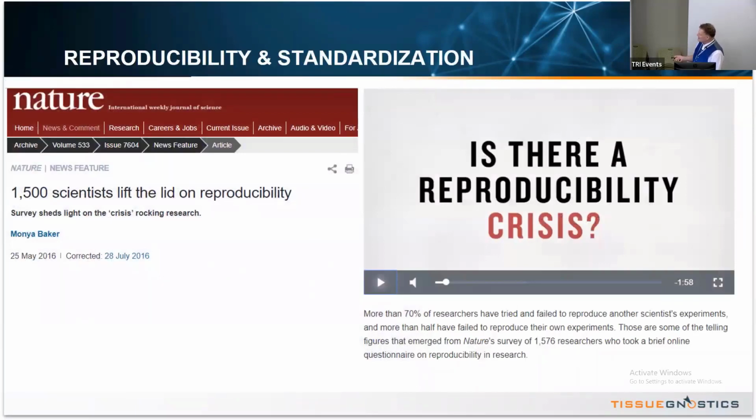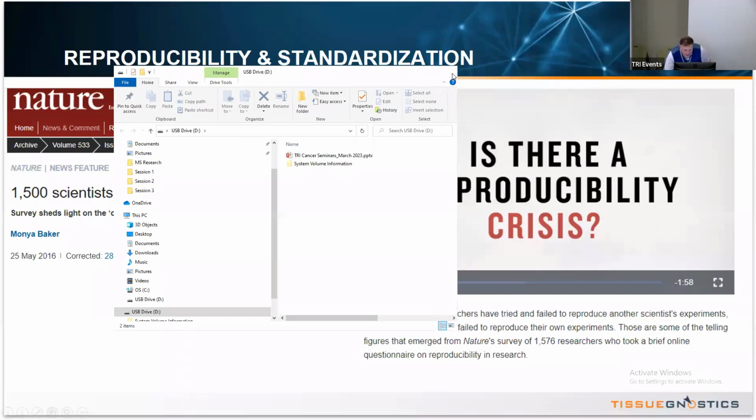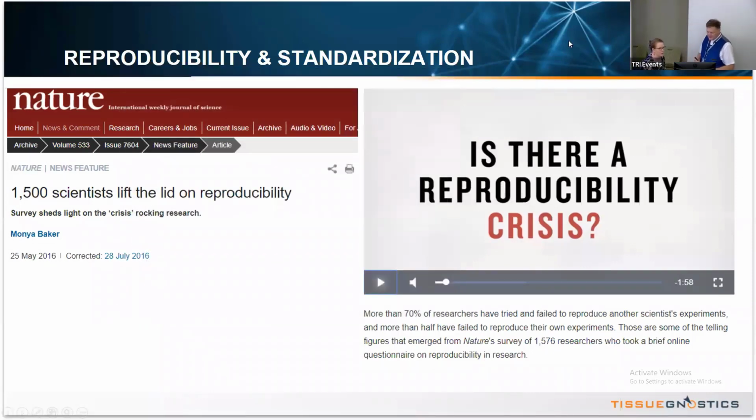In addition, there has been this famous survey published in Nature some 10 or 8 years ago, I believe.